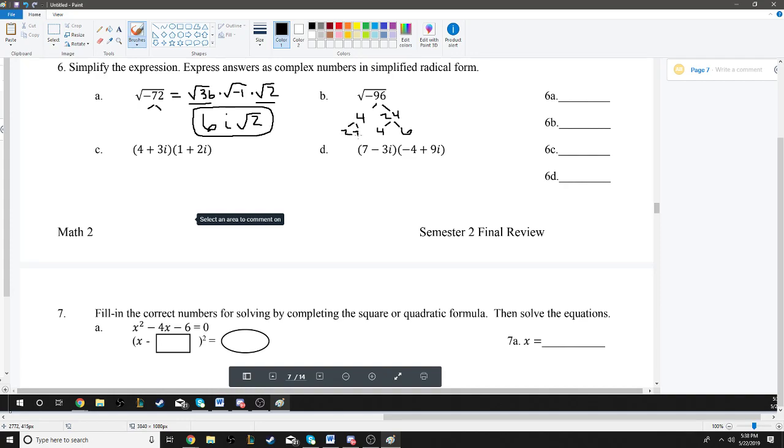That's 2 and 2, 2 and 2, 6 is 2 and 3. So I have 2 pairs of 2's. So this is going to be a 2 times 2 in front, because there's 2 pairs. i, because there's a negative under the root. And since 2 and 3 are left over, we multiply them back and get 6. So this becomes 4i root 6.